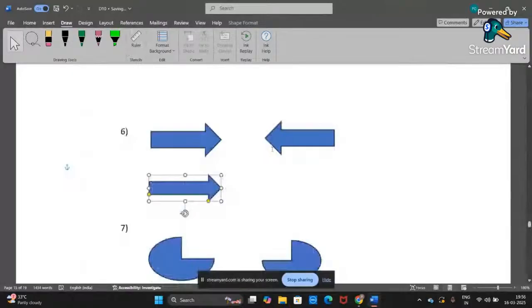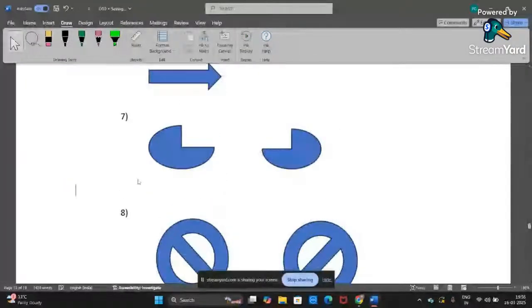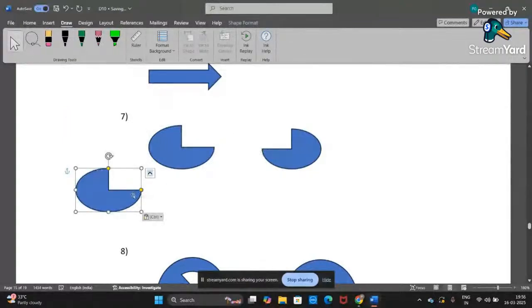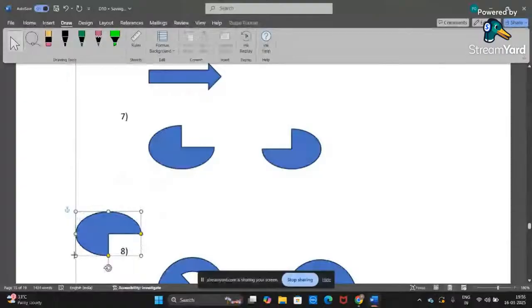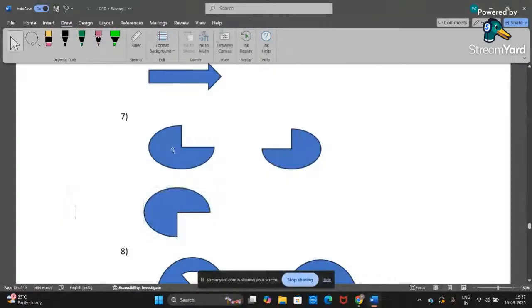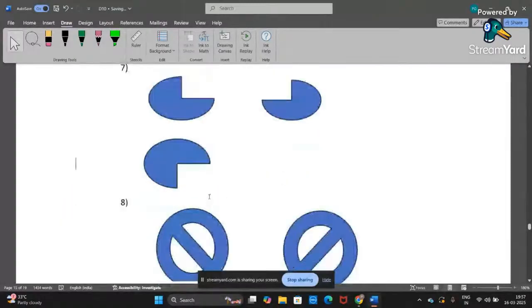Any doubt? For this, the water image will be like this. For this, the water image will be like this. Any doubt in that?